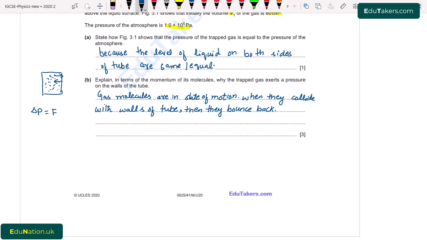This will cause a change in momentum. And we know that change in momentum is equal to force, and it produces force.